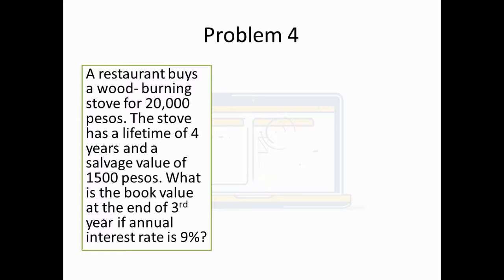Okay, so the given will be the following. And we have the given na 20,000 pesos as the initial cost of the wood burning stove, and then we have the lifetime of the stove is 4 years, so L is equal to 4.